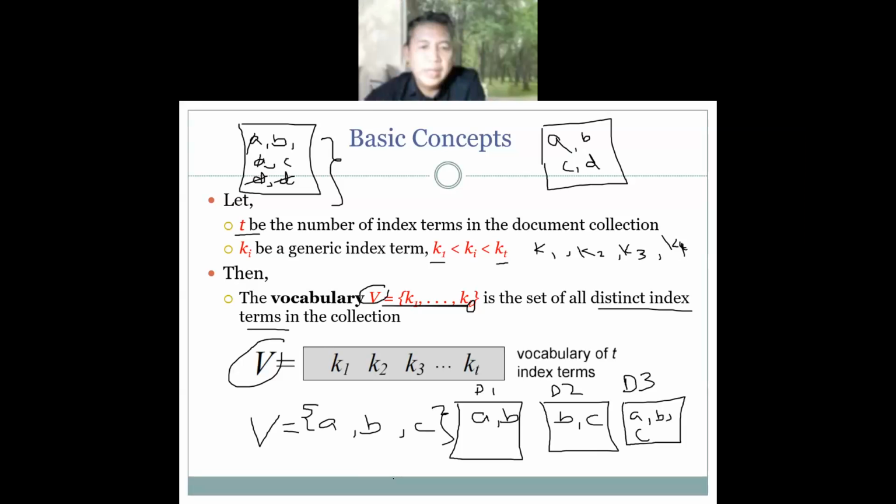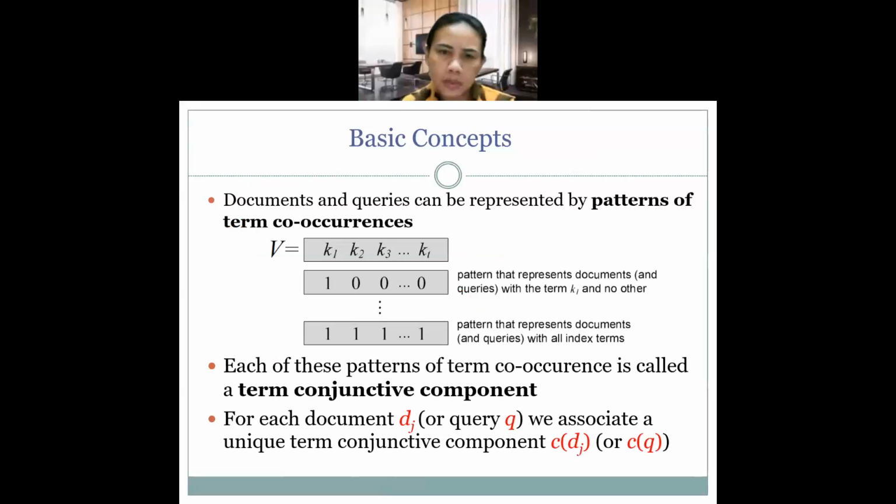So 3 unique index terms for all 3. This is the vocabulary you have for this set of documents. But if you only have one document, your vocabulary will only be A and B.